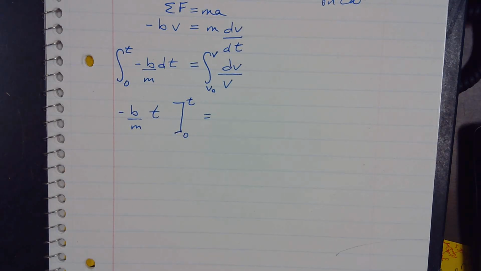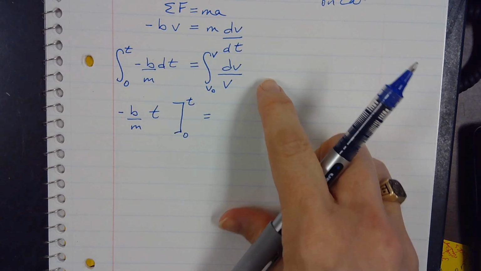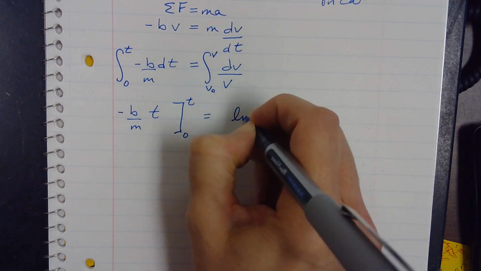On the other side of the equation, all we have is dv over v. We don't have any constants we have to worry about. Calculus people, have you done this one yet? What's the integral of dx over x? No? That's the other direction. That's the second derivative. This is actually the natural log of v.